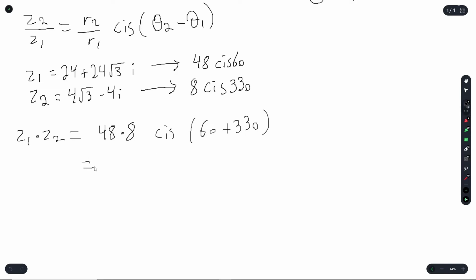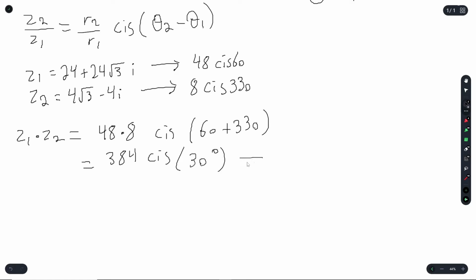On the calculator, 48 times 8 is 384, cis 390. Now 390 is out of our 0 to 360 range, so we subtract 360. So 390 minus 360 gives us 30. So this will be 30.